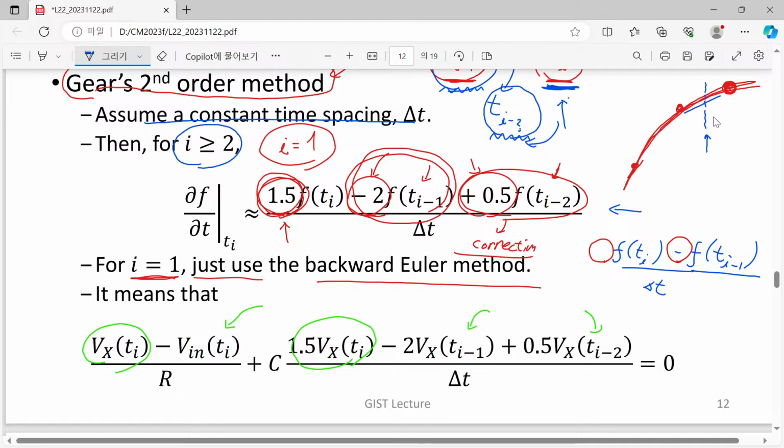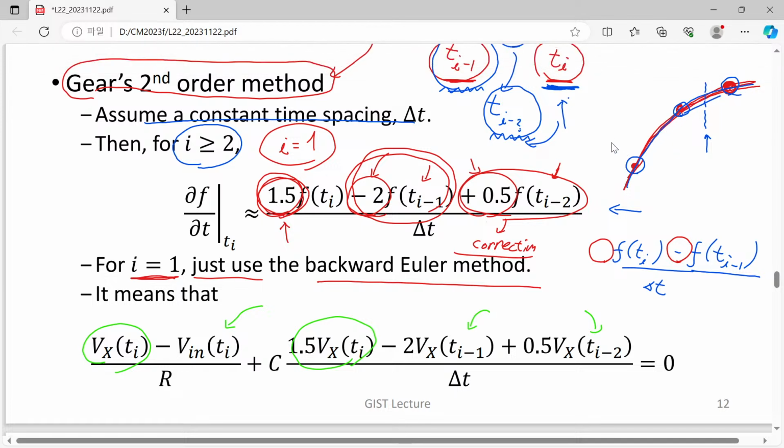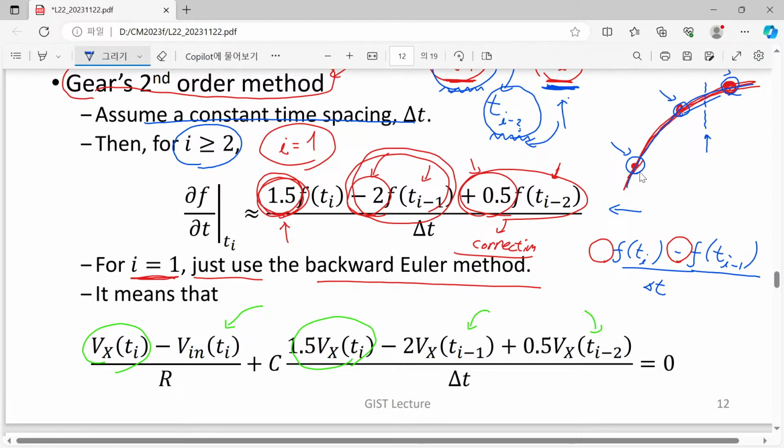This is the first order method. However, if we have the second previous time, then we consider a parabolic curve matched to these three time points. So we make an estimation of the function itself using these three time instance values, t_i, t_{i-1}, and t_{i-2}.